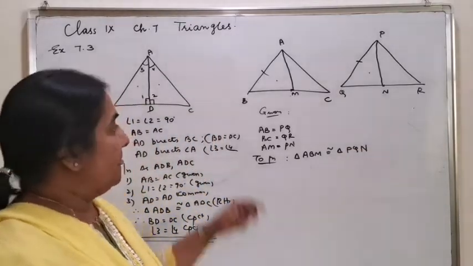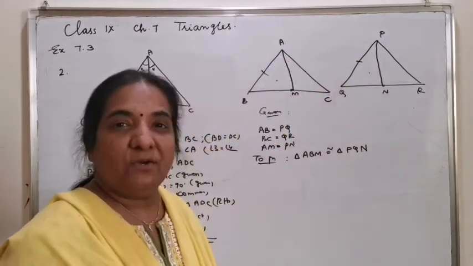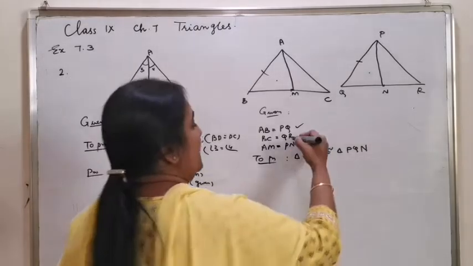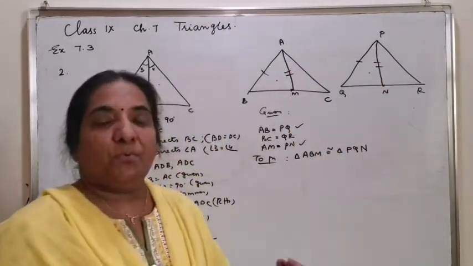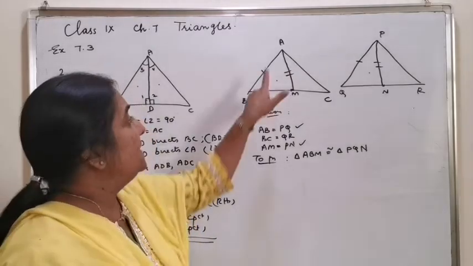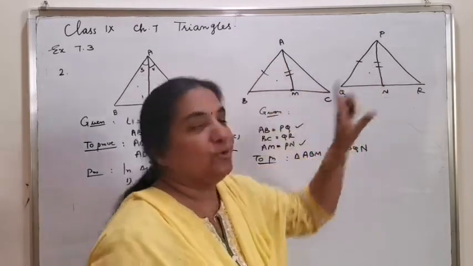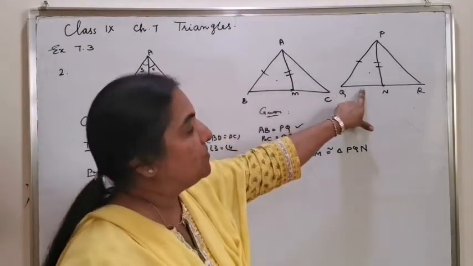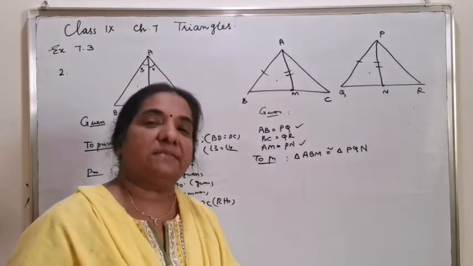And now, AB and PQ are already equal. Then AM and PN are also already equal. What you need is either angle BAM equal to angle QPN, or side BM equal to QN, so that either SAS or SSS will be satisfied.